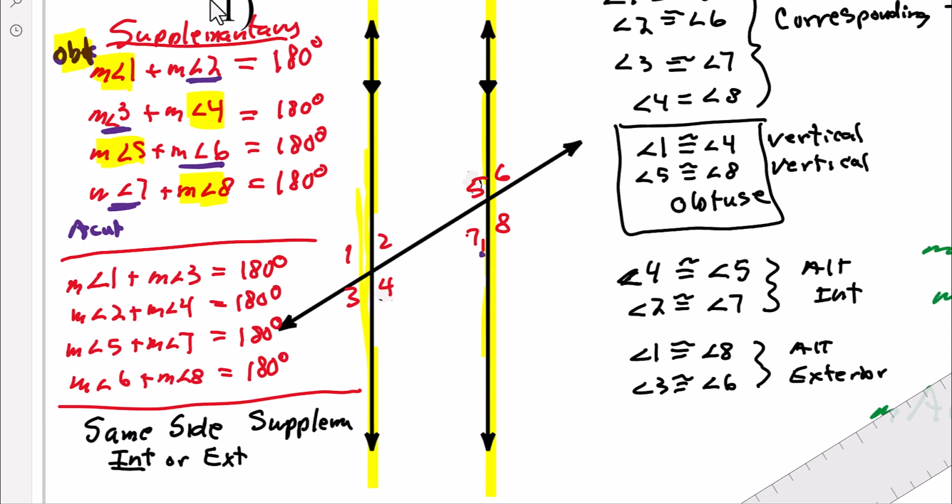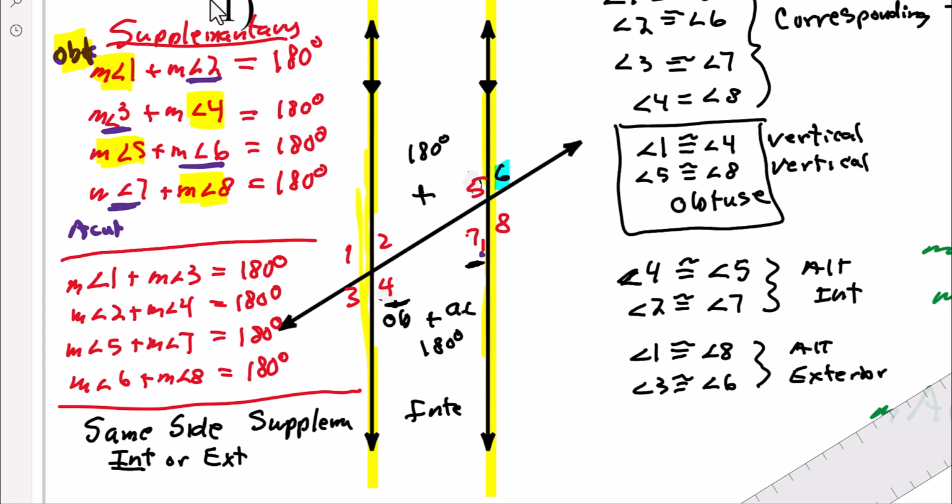And this is what I mean by that. See this angle 4 and angle 7? They're on the same side and they're on the interior. Here's an obtuse, here's an acute. Those two add up to 180 degrees. 2 and 5 add up to 180 degrees.